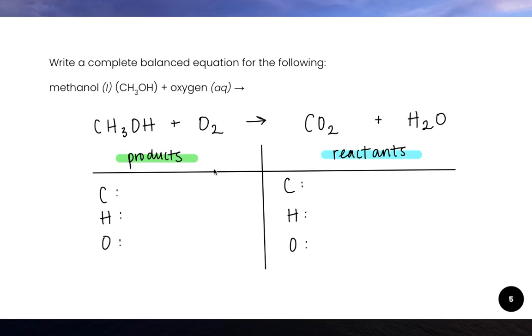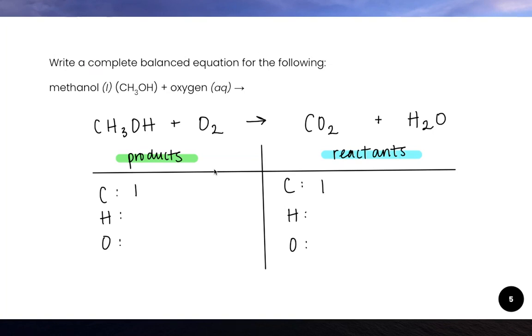So what's not always so easy about combustion reactions is balancing them. Don't be surprised if you have to use larger coefficients than normal. I'll show you what I mean. So we start with carbon. There's 1 on each side.